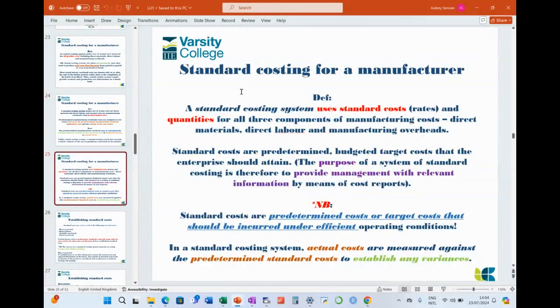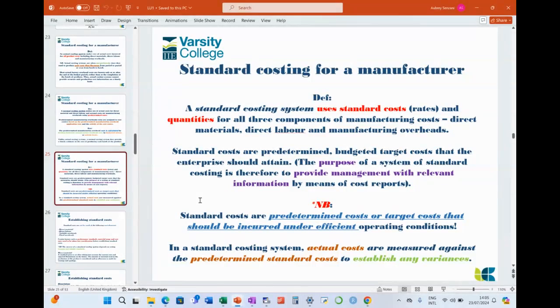Let's move on. A standard costing system uses standard costs or rates and quantities for all three components of manufacturing costs: direct material, direct labor, and then obviously manufacturing overhead. Standard costs are predetermined, budgeted target costs that the enterprise should attain.